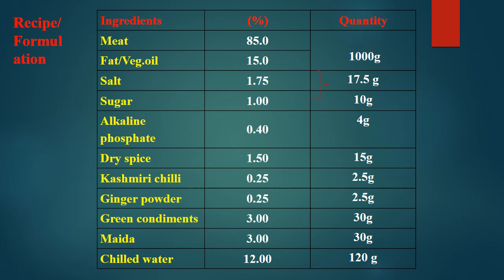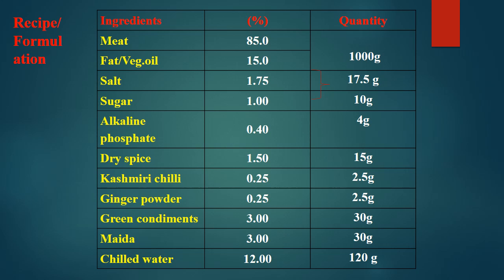Now in addition, we need other ingredients like salt 1.75%, which makes 17.5 gram for 1 kg, sugar 1%, alkaline phosphate 0.4%, and dry spice mix. It contains many things together, that is 1.5%, like the aniseed or the garam masala, cinnamon, cardamom and turmeric, all such things.